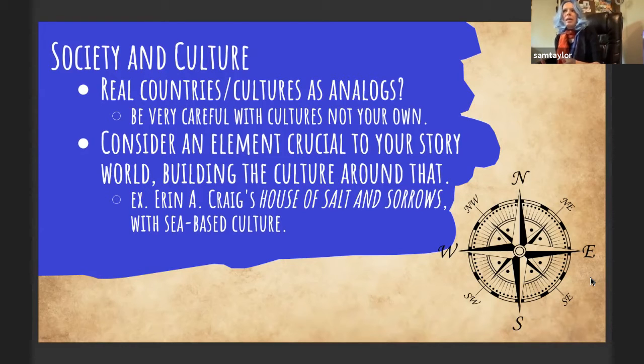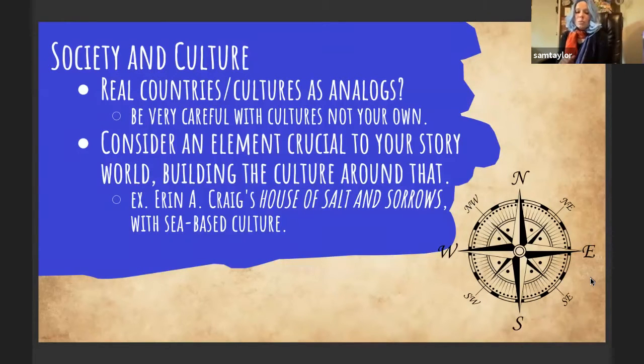If they're a mountain society, what would their culture be, arising from rocks and trees and high elevations? How would that shape the way they understand the world? How would that shape their foods, their traditions, their festivals? How would that influence their religion? All of those things can come together to create a really unique culture that is the center of your fantasy world, and that is not in any other story, that may be unlike anything readers have seen.